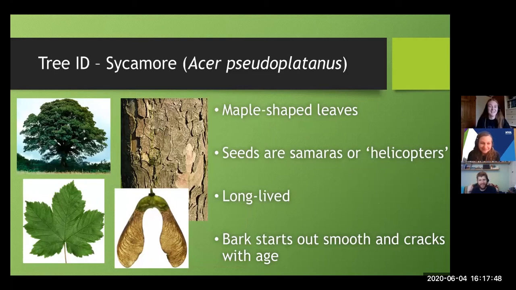So I kind of threw you off in a sense, but it has that maple shaped leaf, like the Canadian flag, and it's got those helicopters that we all love throwing around, which are actually called samaras, I think I'm pronouncing that correctly. I don't actually know. Again, they're really long lived. They can live up to 400 years.